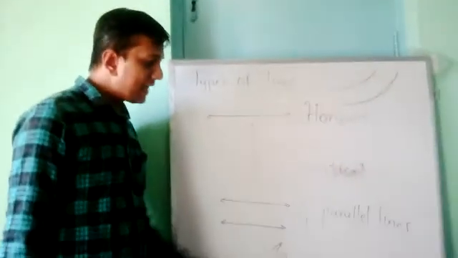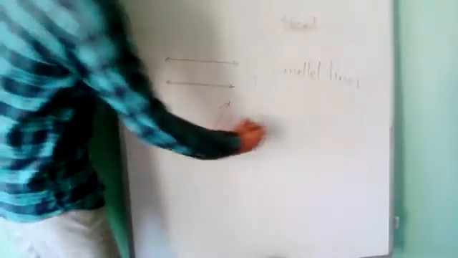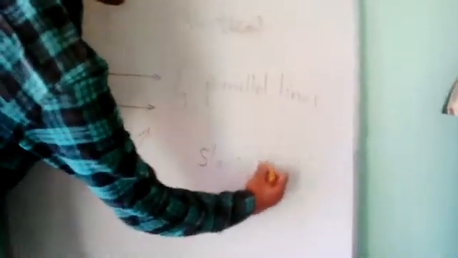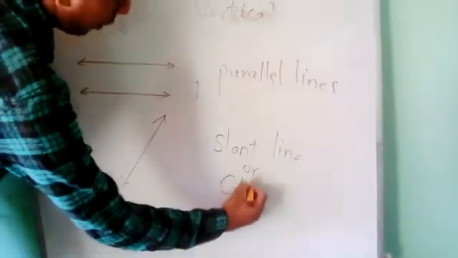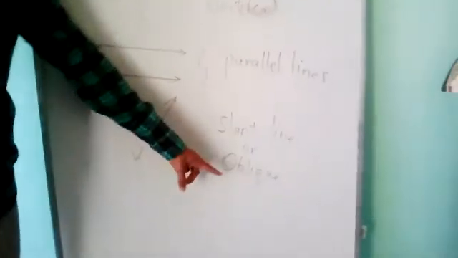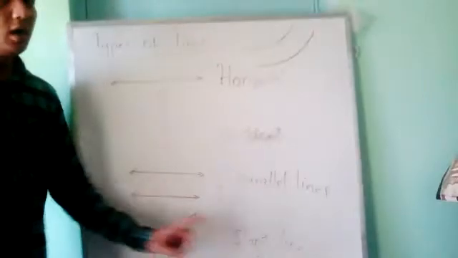It will be arranged like this, in a slanting manner, isn't it? So it is called a slant line, or one more name is oblique. Slant line or oblique. So we have taken horizontal line, vertical line, parallel lines, and slant line or oblique.